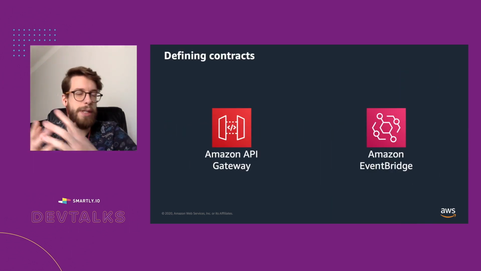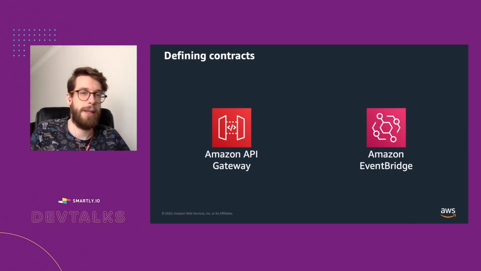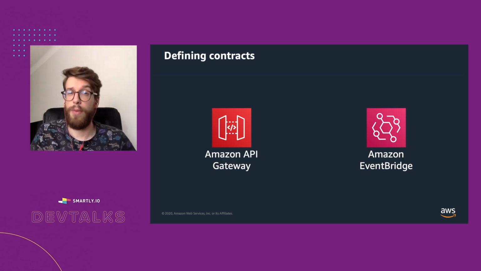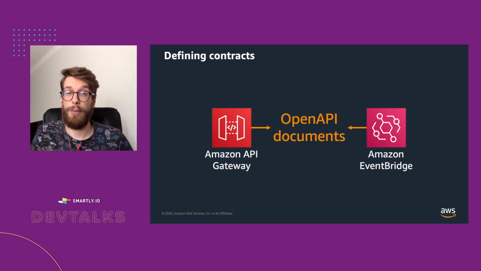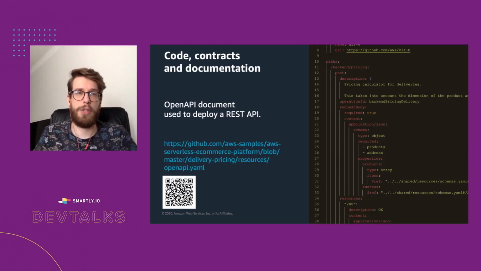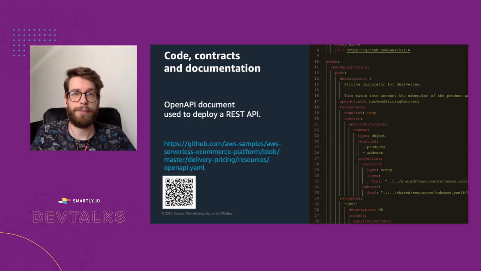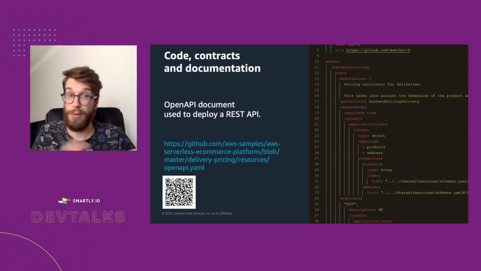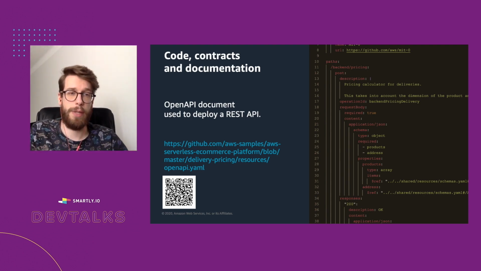And so I mentioned that I'm using Amazon API Gateway and EventBridge a lot, and there's a really neat thing with both of these services: they both support OpenAPI documents. That means that I can have code, contracts, and documentation in the same thing. Because when you want to deploy an Amazon API Gateway REST API, you use an OpenAPI document.